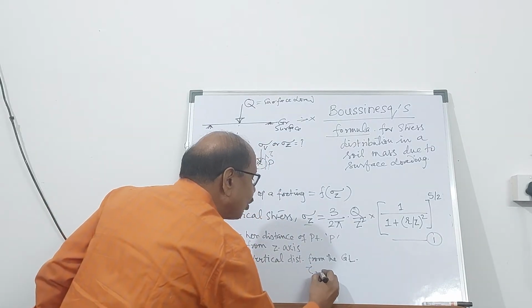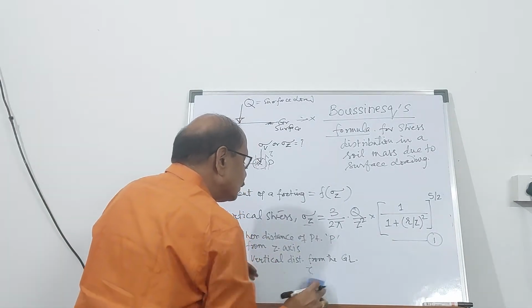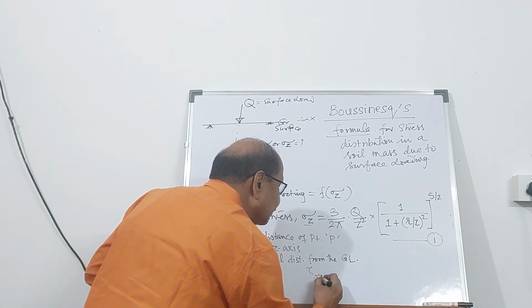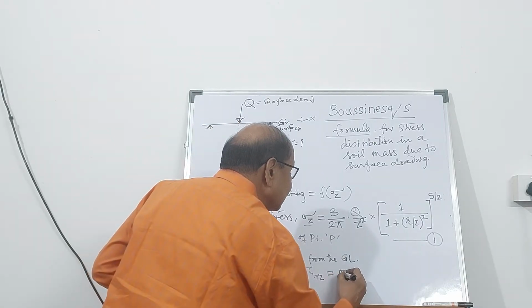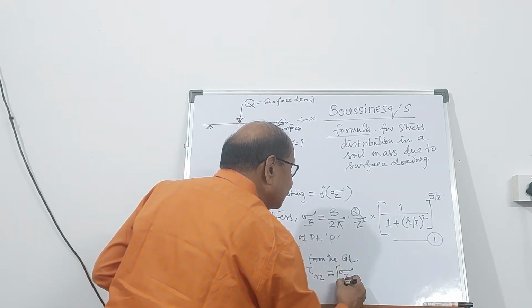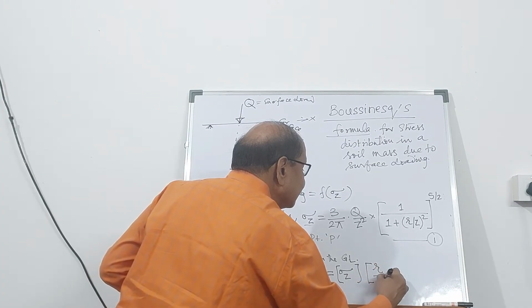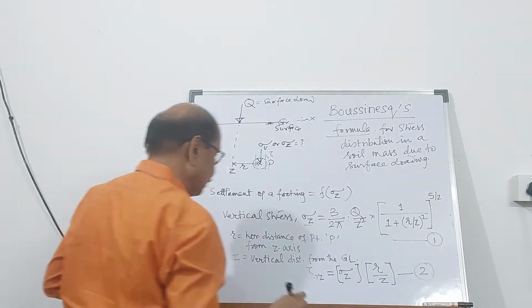So you can call it tau r z. Tau r z is given as, if you know sigma z, multiply it by r by z. This is the second expression.